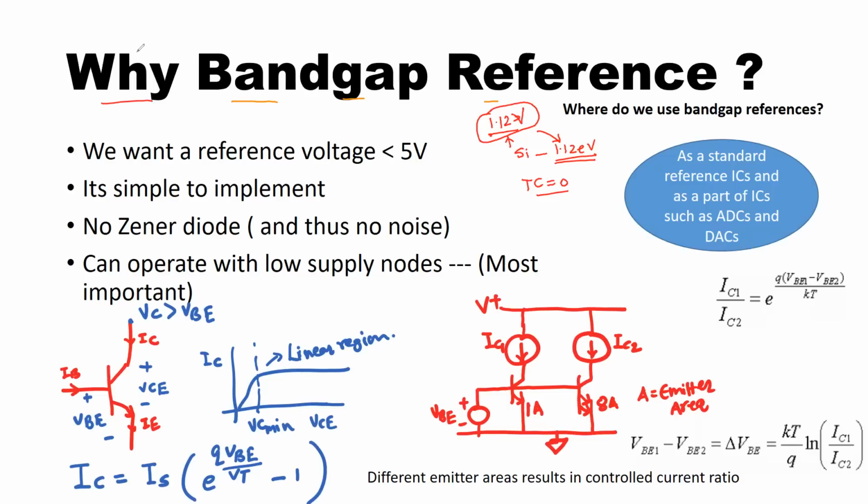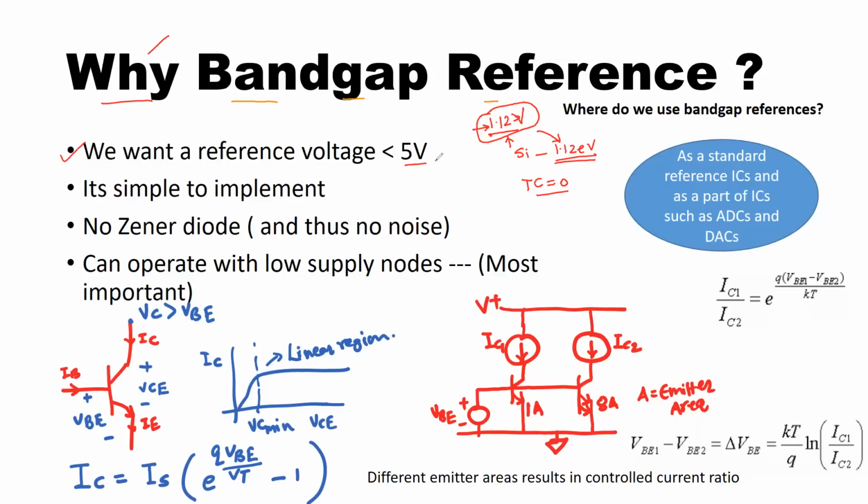So the first question is, why do you need a band gap reference? We can use a simple Zener diode, as we discussed in our previous modules, but using Zener diodes and some other options has some issues. The first is that we want a reference less than 5 volt. In this case, we are talking about generating a 1.12 volt reference or even smaller.